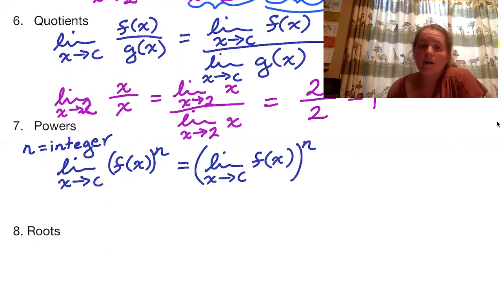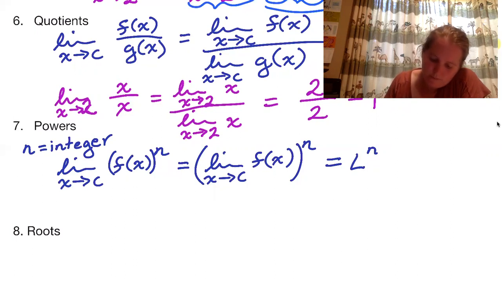So again, exponents are just repeated multiplication or possibly repeated division if we have a negative exponent. So this is just using rules 5 and 6 can make this one happen. So in this case, this would just be L to the n if our limit as x approaches c of f of x were L.